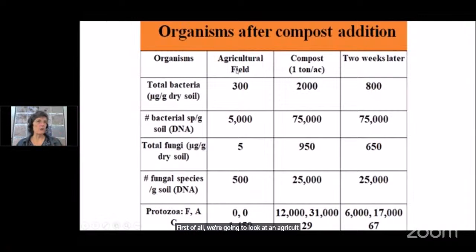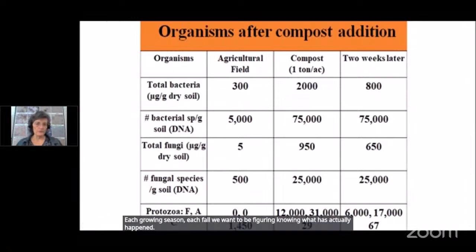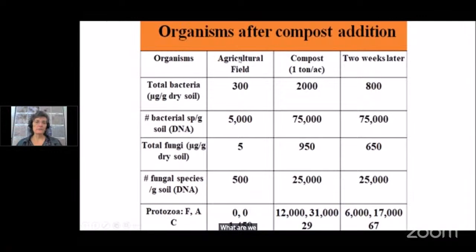We always go out and take samples from the soils before we start. Each growing season, each fall, we want to know what has actually happened. What are we starting with? And this is 2 weeks after we added this compost.